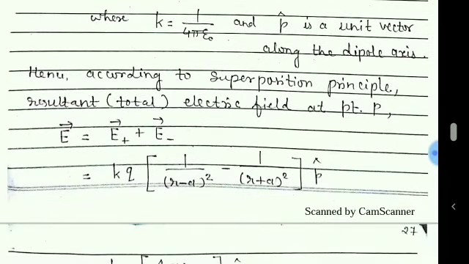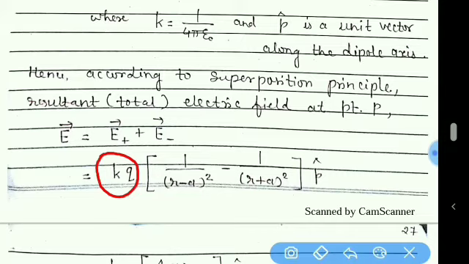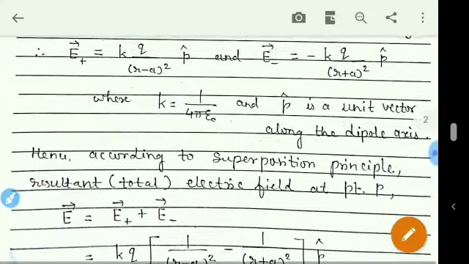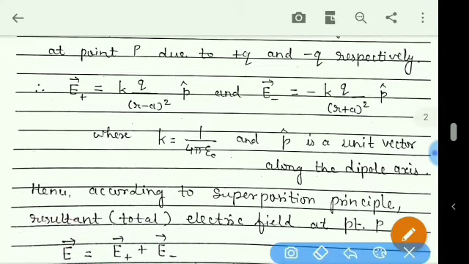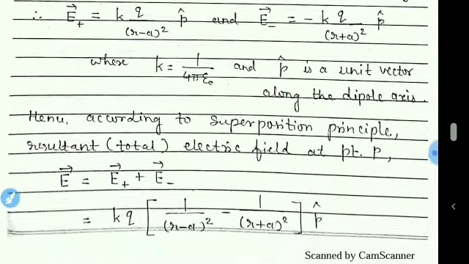So you can see I have taken K, Q and p-hat common here. Inside the bracket these two things will remain: 1 upon (r minus a) whole squared and 1 upon (r plus a) whole squared.